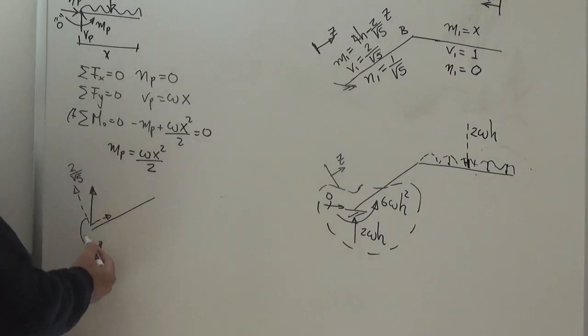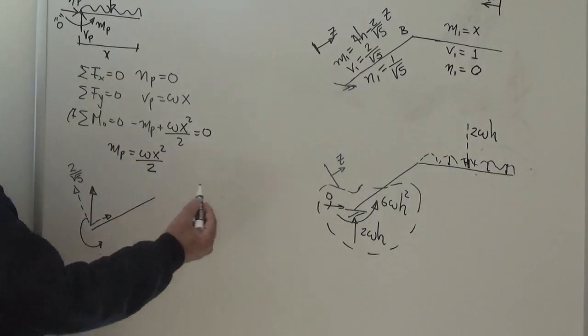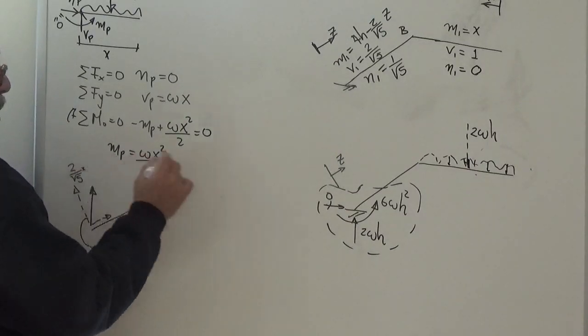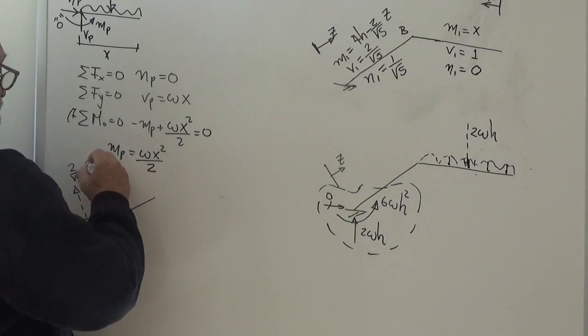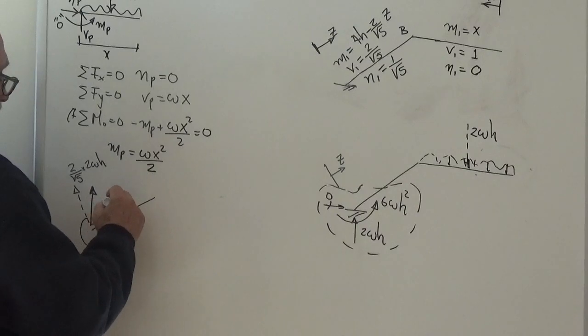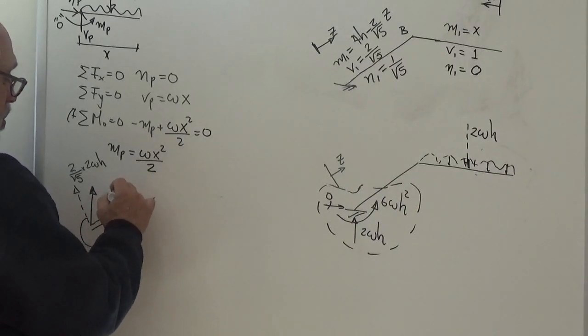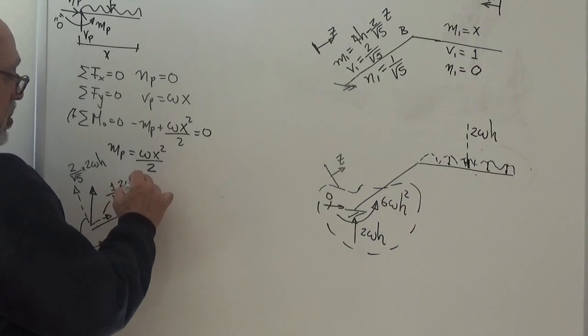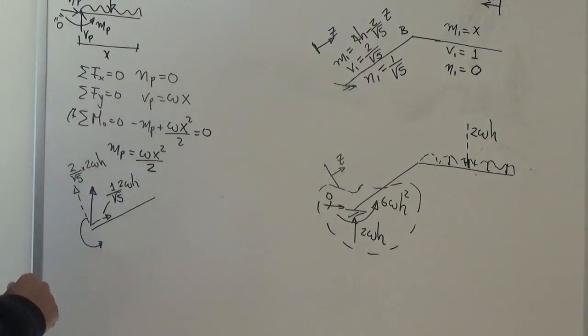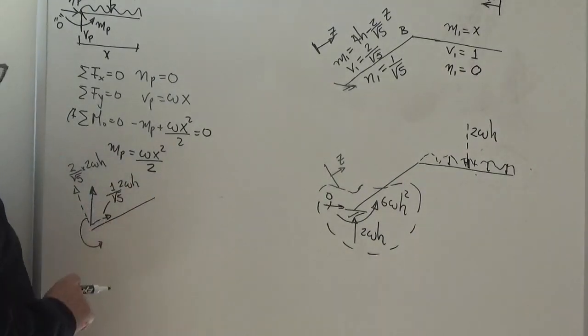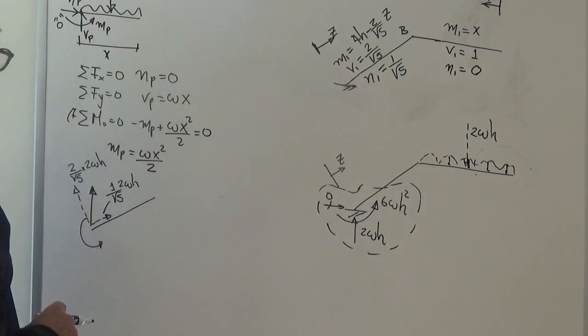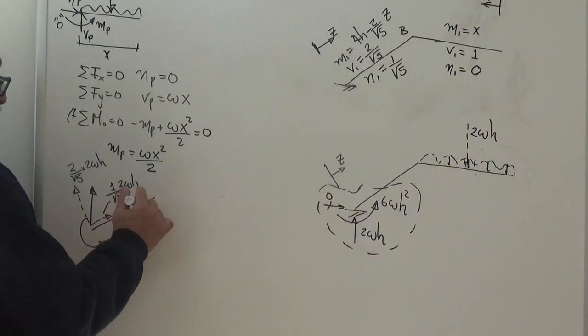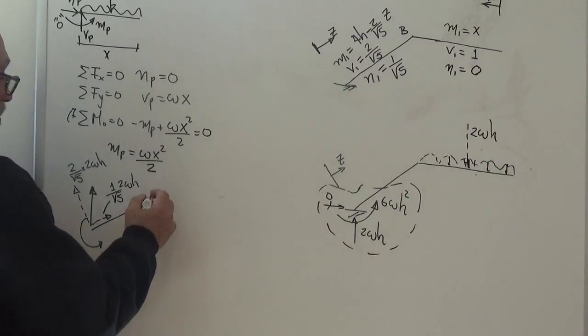The vertical component is 2 over square root of 5 times 2WH. When I say vertical, I mean the shear. This one is 1 over square root of 5 times 2WH, right? Over here, we have our shear, our axial, and our moment, and we have no choice but to use the same directions as before.